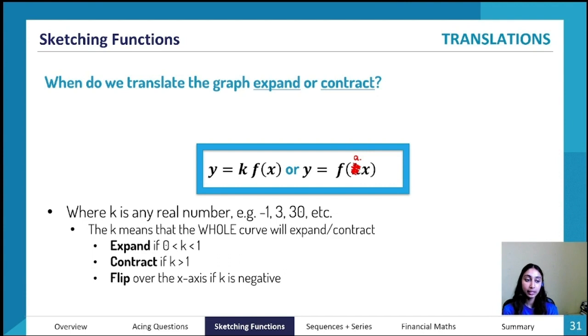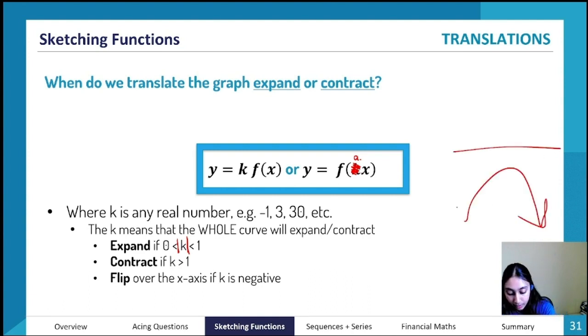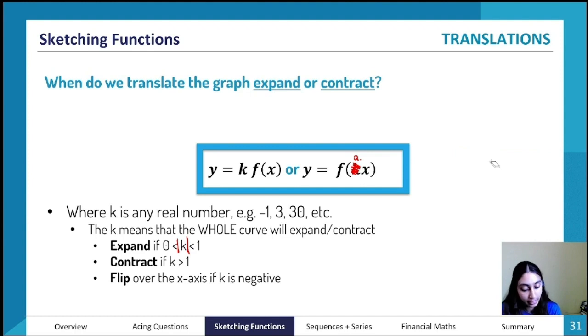It'll expand if the absolute value of k is between 0 and 1. It'll contract if k is greater than 1, and it'll flip over the x-axis, so it'll become negative, if k is negative. Now let's take a look at a, because a is like the complete opposite of that.